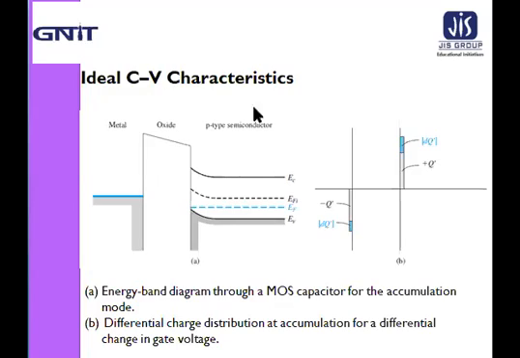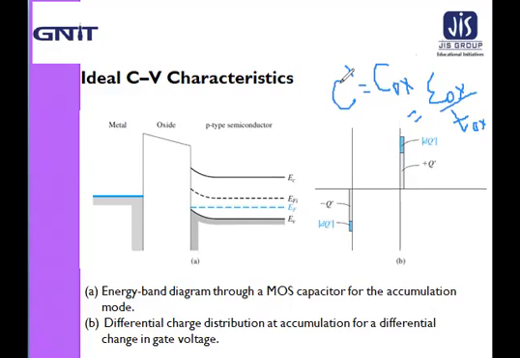We can write that in the accumulation mode, C dash equal to COX equal to epsilon OX by TOX.